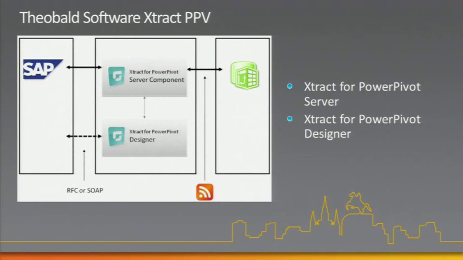Here's just an architecture diagram of what Theobald does. They've got a server component that connects to SAP and talks to SAP to retrieve your data, and it provides a data feed that Power Pivot can consume. There's also a designer component that talks to SAP just in terms of getting metadata.